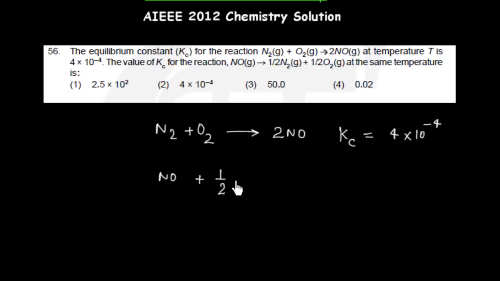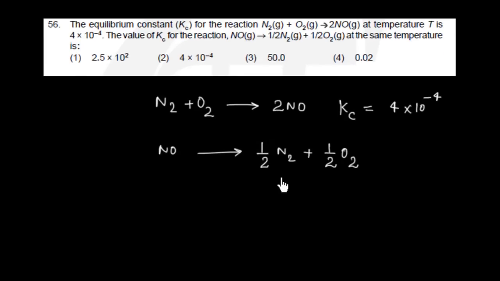So the value of Kc for this reaction, NO goes to half N2 plus half O2, we have to find the equilibrium constant for this reaction. So let us do some manipulation.